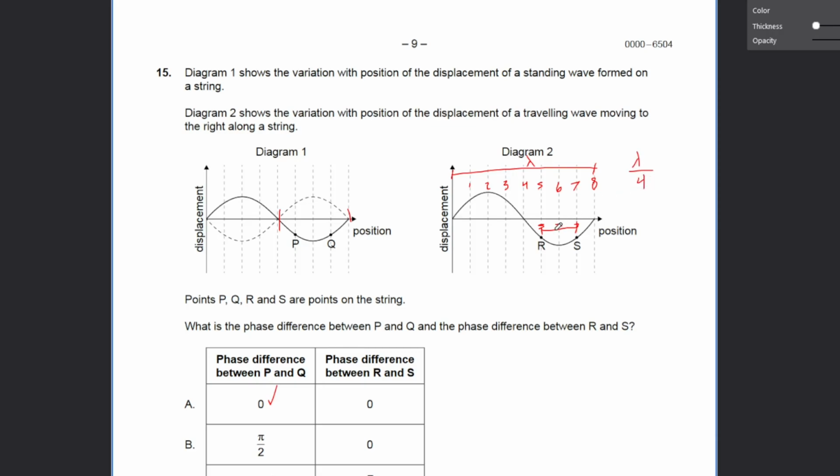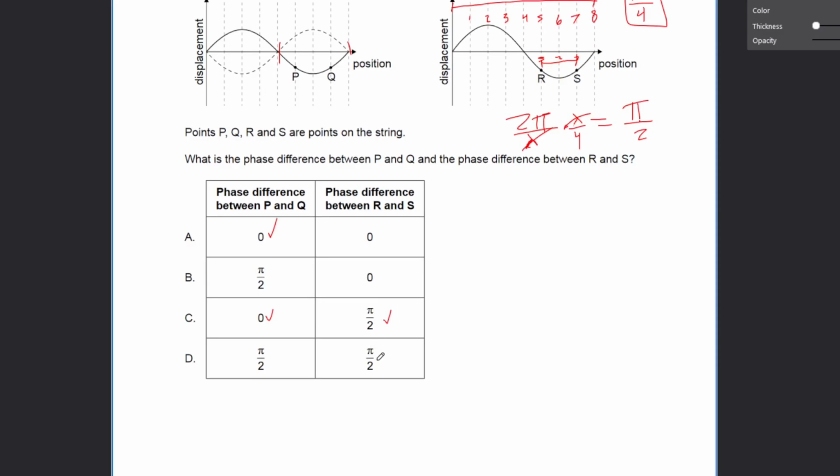And the way we can find phase difference is by multiplying 2 pi over lambda times the path difference, which we found to be lambda over 4. So the lambdas cancel. We are going to get pi over 2. So it's either C or D. The answer then has to be C.